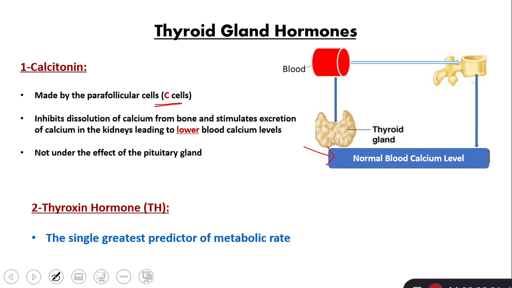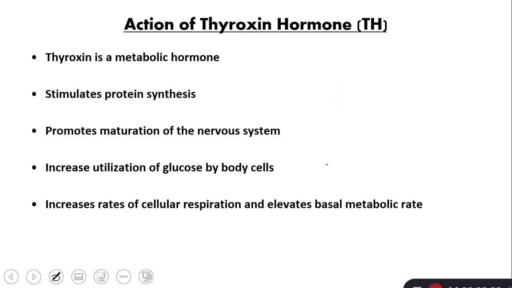The other hormone is the thyroxin hormone, which is the single greatest predictor of metabolism. So it's to increase our metabolic rate. It stimulates protein production. It promotes maturation and growth of the nervous system.